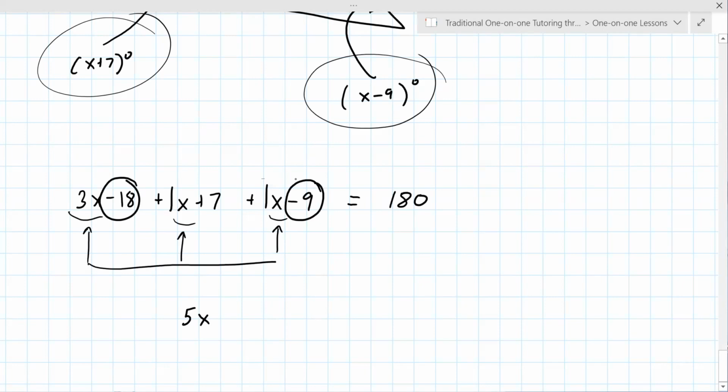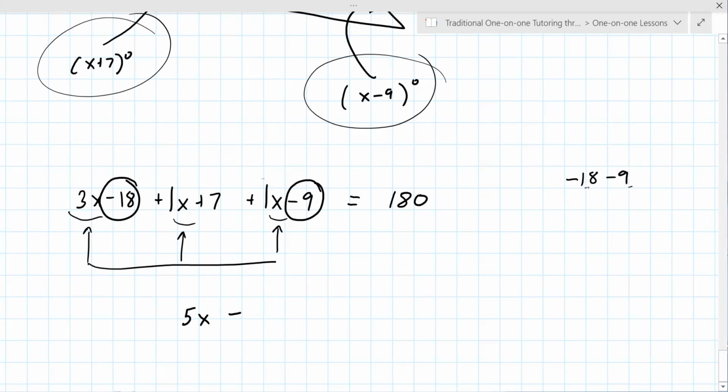Minus 18 minus 9. They're both negative, so the answer must be negative. 5x minus 18 minus 9.